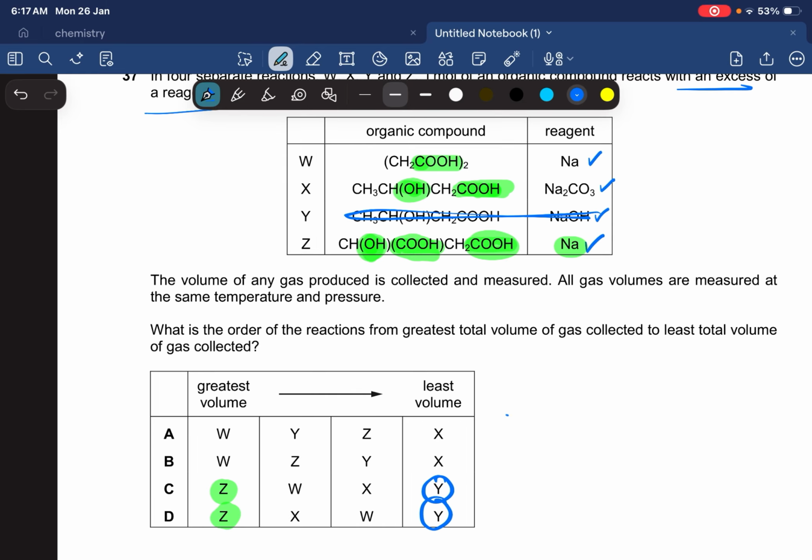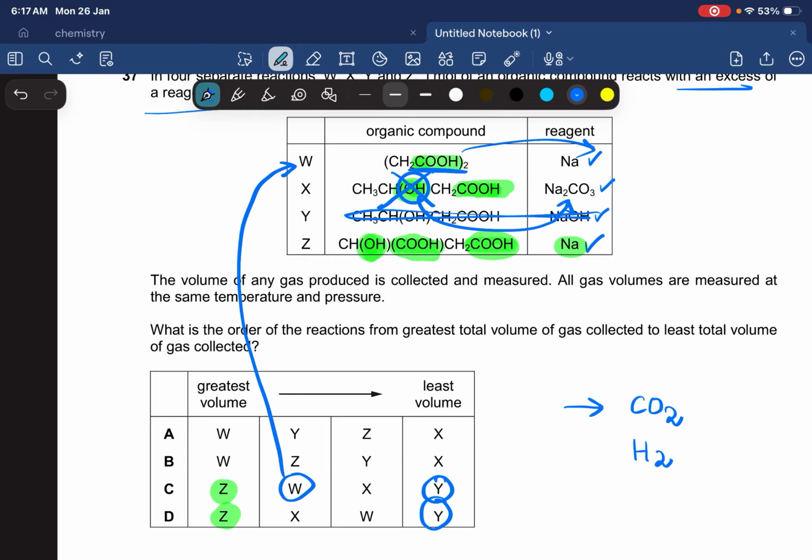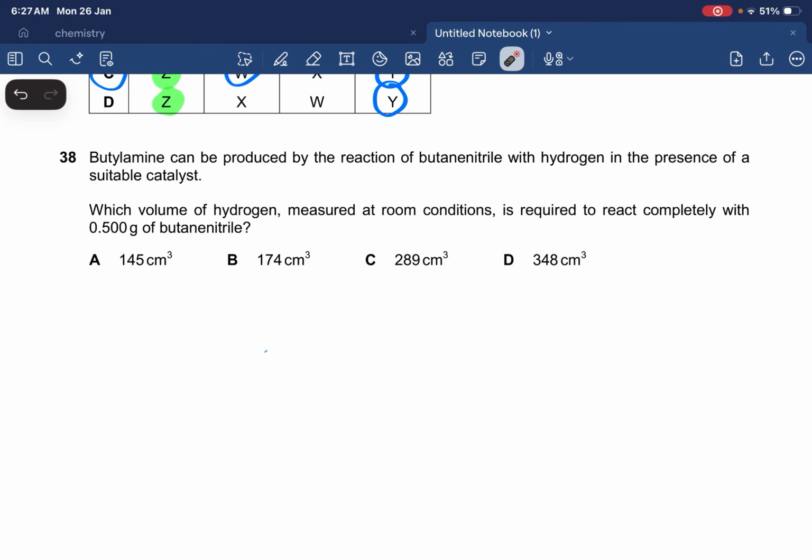When we have an acid and we make it react to form carbon dioxide or hydrogen, this OH is not going to react with sodium carbonate, right? Over here, both COOH are going to react with sodium. So W definitely is going to produce more gas because both COOH are going to react. Took a little bit of time, but I got it.